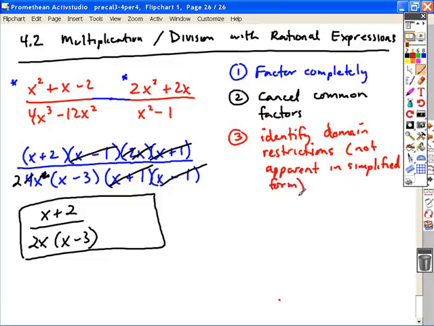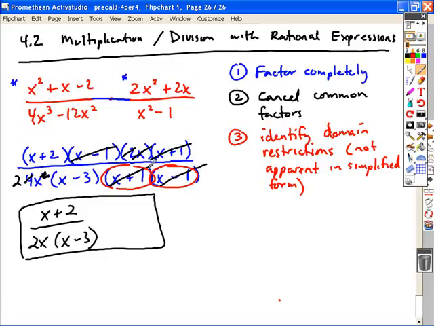So when you look at this, basically what you're looking to do is see, were there any factors that got canceled from the denominator? So here, even though one of these x's got canceled, there's still a base x. We have this x minus 3, that stays. But here's a factor, and here's a factor that got canceled from the denominator.